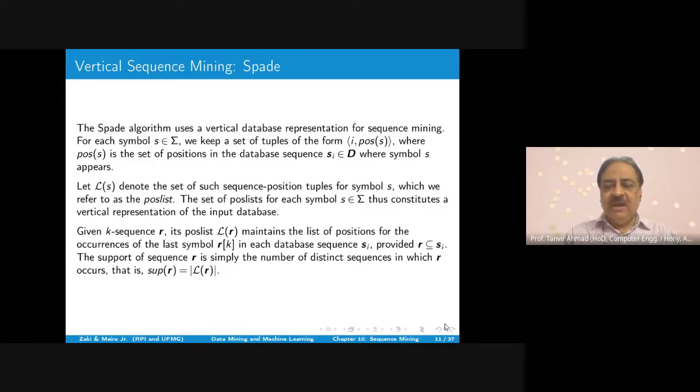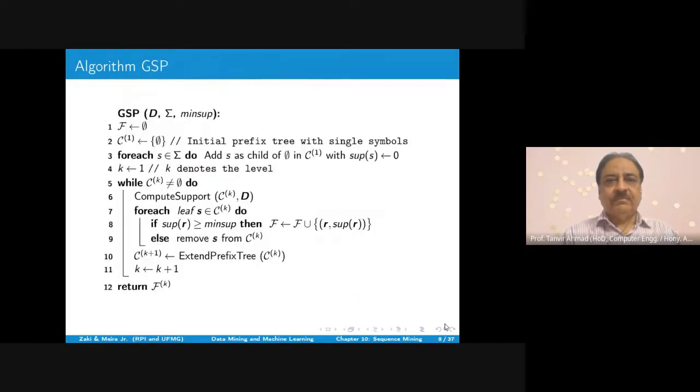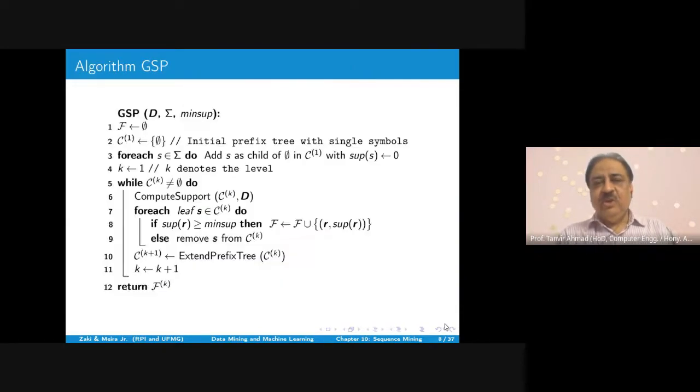If you remember, I was using this particular database, where the IDs were S1, S2, S3, and the sequence was C, A, G, A, T, like this. You find that here this symbol occurs over here, and I will maintain the position for this one.